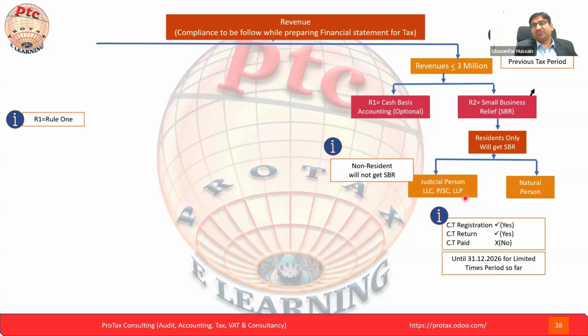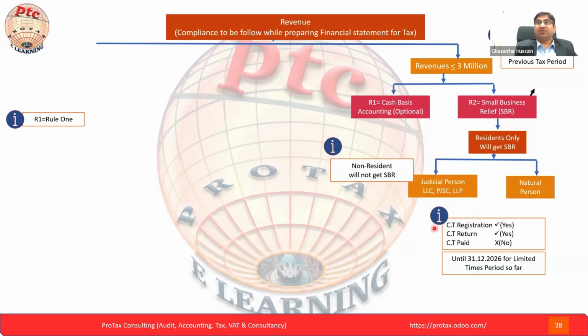Juridical persons you already know: the LLC company, PJSC company, LLP company. We discussed all the types in the previous session. In terms of the small business relief, another important point, because mostly there is a confusion: under natural person relief, we don't have to go for the CT registration.